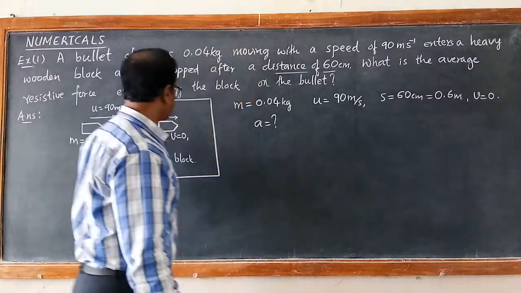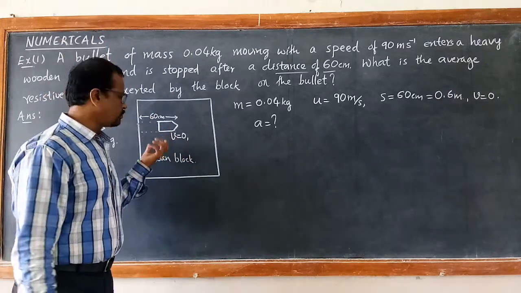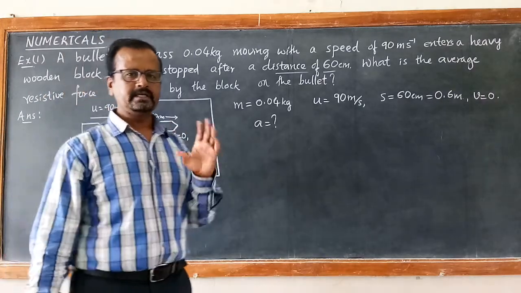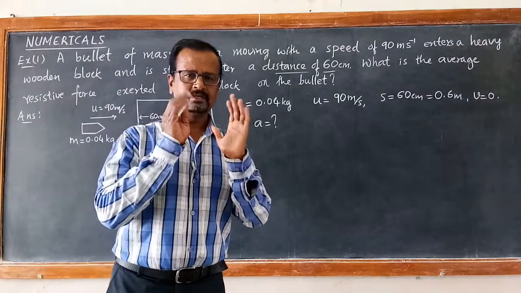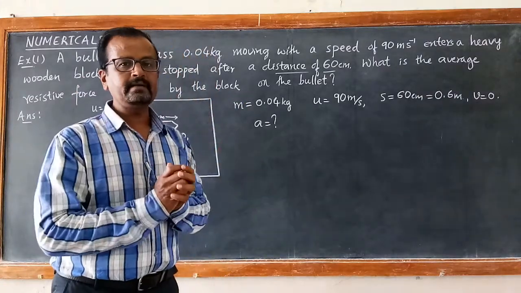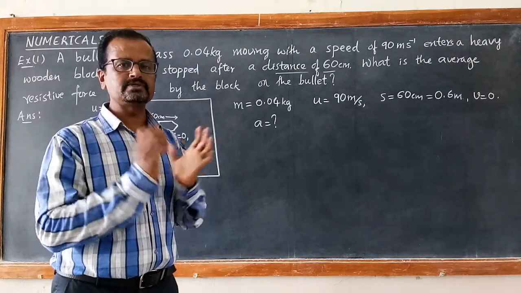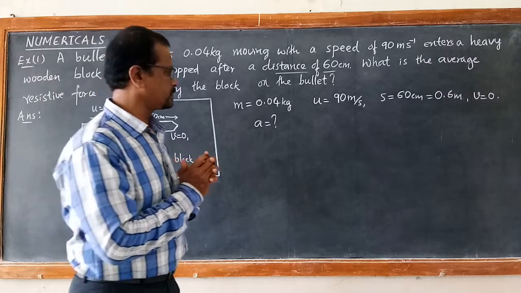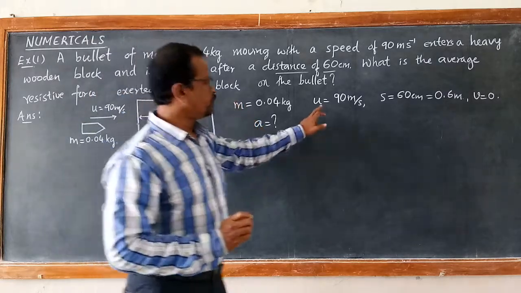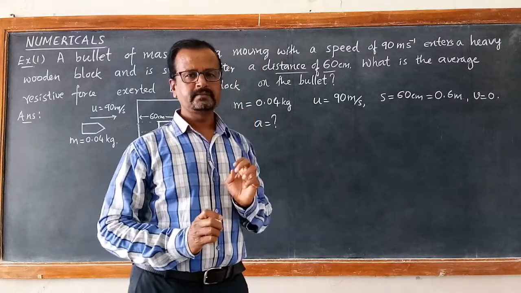We assume the retardation of the bullet inside the wooden block to be uniform, so that we can apply the equations of uniformly accelerated motion. So u, v and s are given, and you are asked to find a.